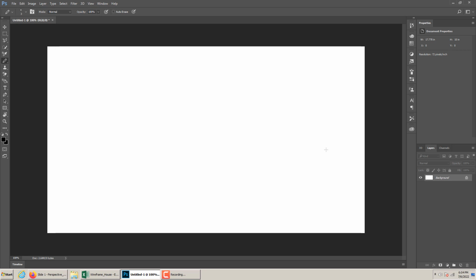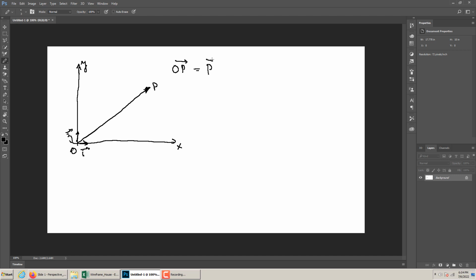What I claim is, if you have a system of coordinates x, y, where x has a unit vector i and y has a unit vector j, and you have a point here, P, and this is a position vector from the origin O, so OP is a vector, let's call it the position vector.